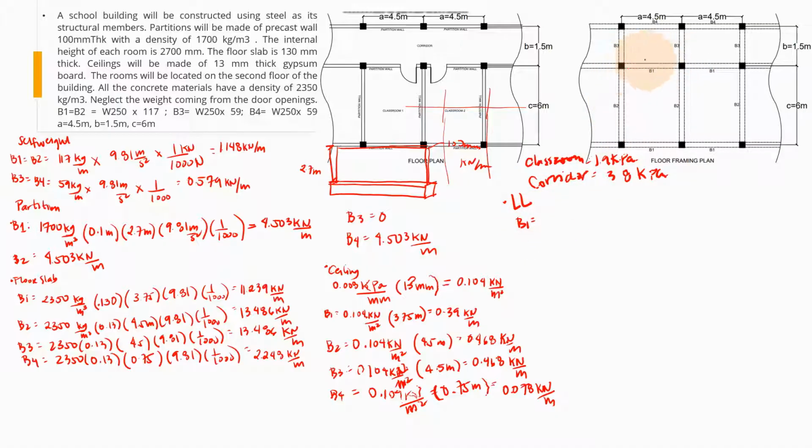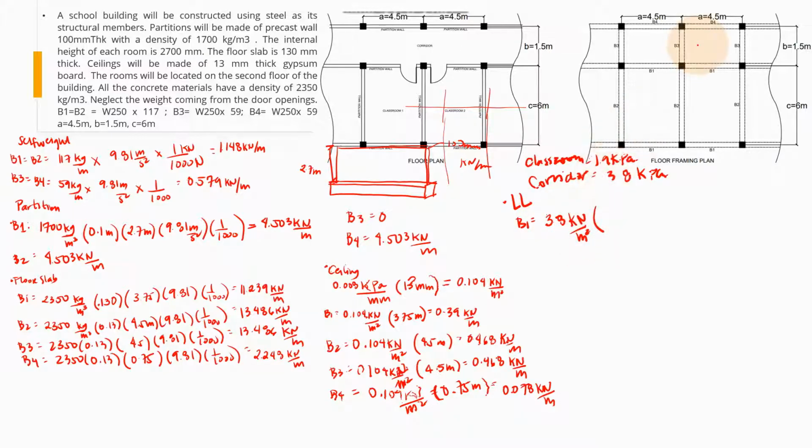so beam 1 natin, kukuha natin yung tributary area or yung tributary width ng ating beam 1. But take note of this one, dito sa part na to, ang load is coming from the corridor and this one coming from the classroom. So ang gagawin natin dyan, sa corridor we have 0.75, dito muna tayo sa ating corridor, we have 3.8 kilopascal or kilonewton per square meter.